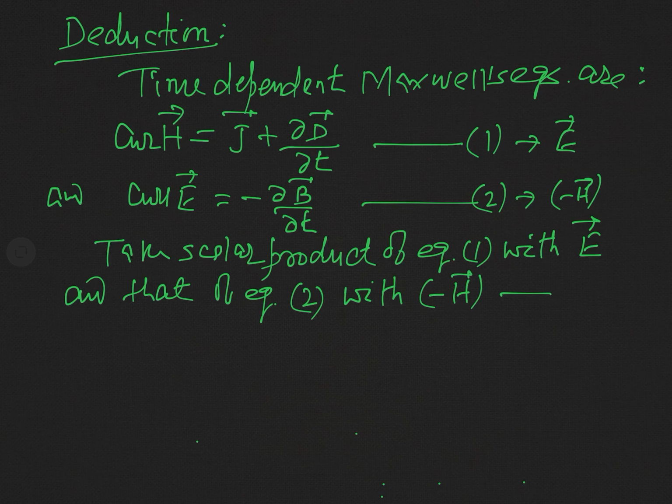If we take the scalar product of vector equation 1 with E, and that of equation 2 with minus H, then what will we get?